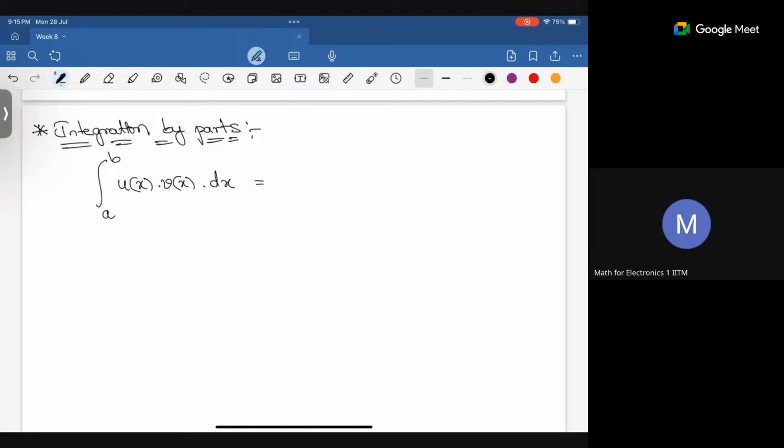You can write this as, let me be very careful about this, u of x times the integral from a to b of v of x dx, minus the whole integral from a to b.